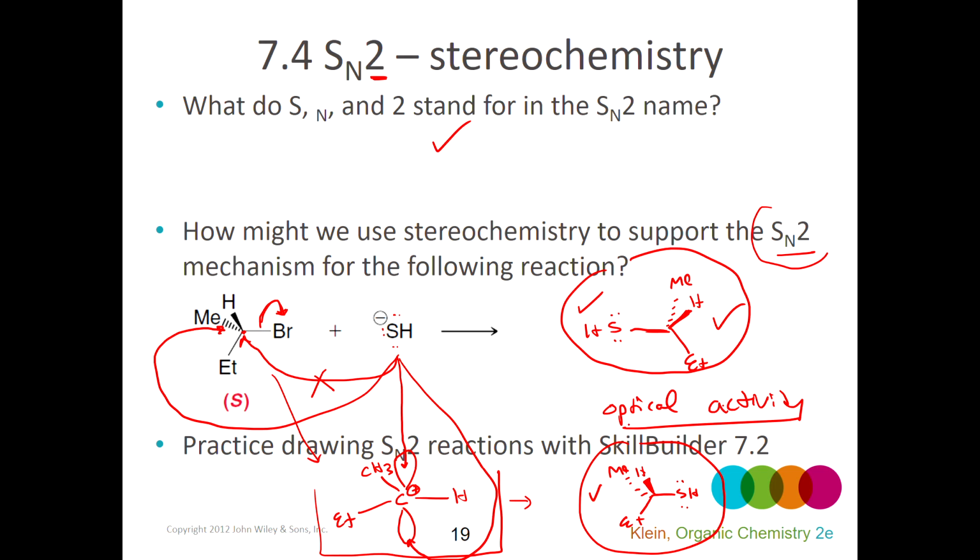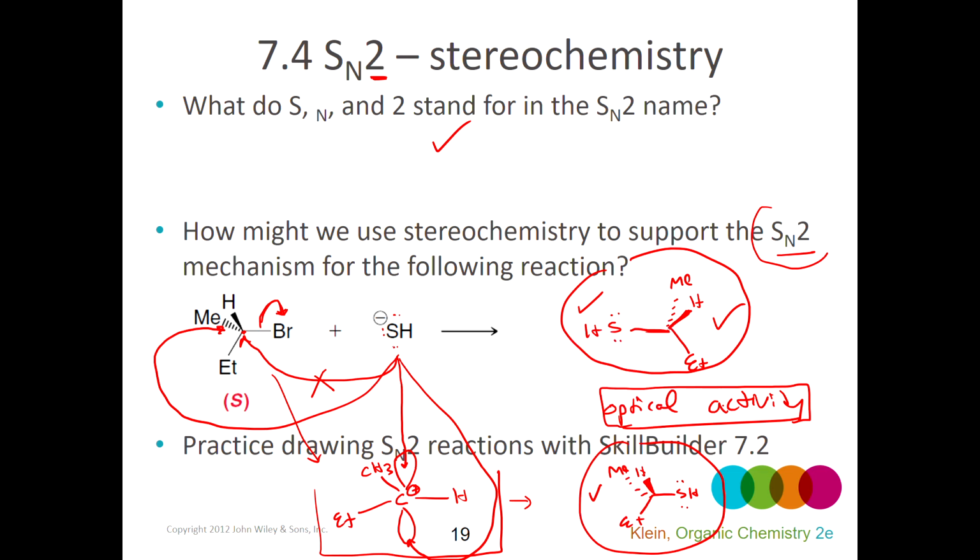And so if I put that product through a polarimeter and measure the optical activity, if I'm only doing the SN2, I have an optically pure sample. It would either be an R or an S configuration, and I would either get positive or negative rotation of plane polarized light, which would be measurable.